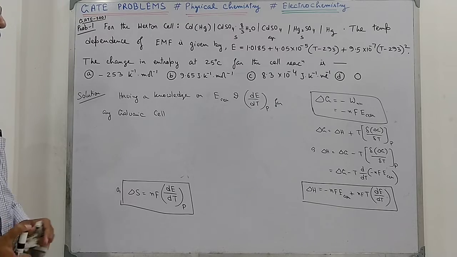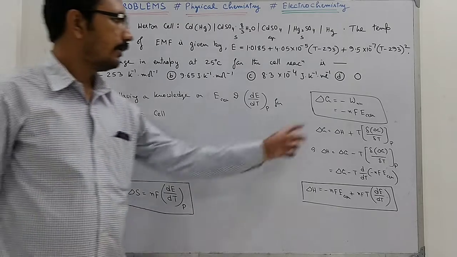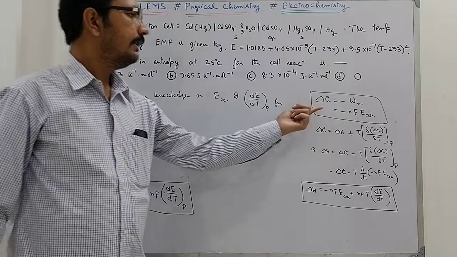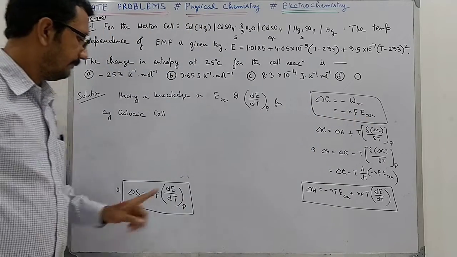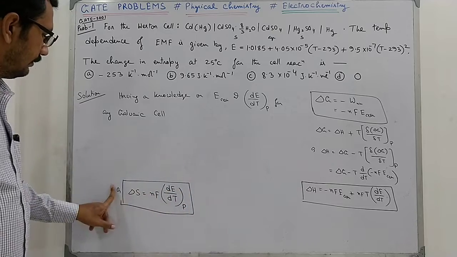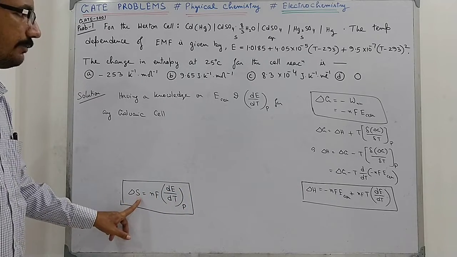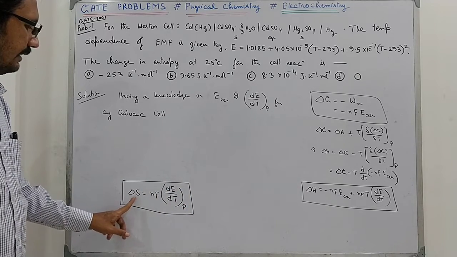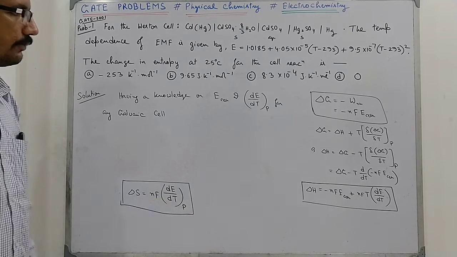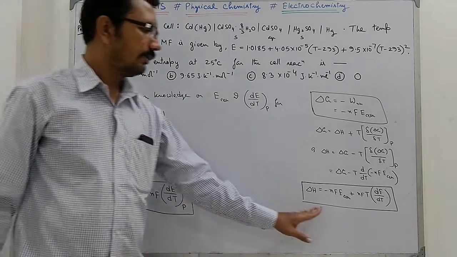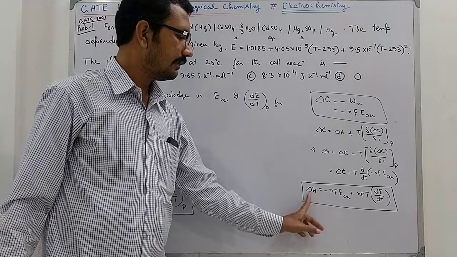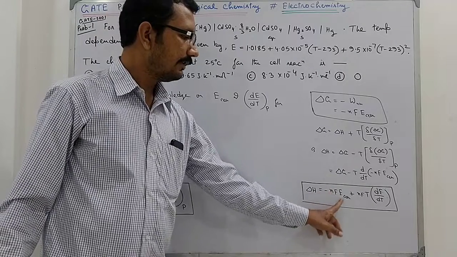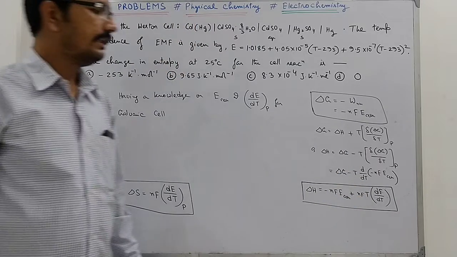then you will be able to determine the value of change in Gibbs free energy, that is minus nF E cell. You will be able to determine the value of change in entropy, that is ΔS equals nF dE/dT at constant pressure, and you will also be able to determine the value of ΔH, that is change in enthalpy, equals minus nF E cell plus nFT dE/dT.